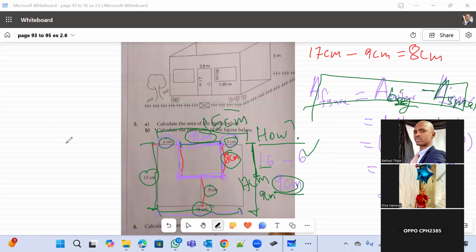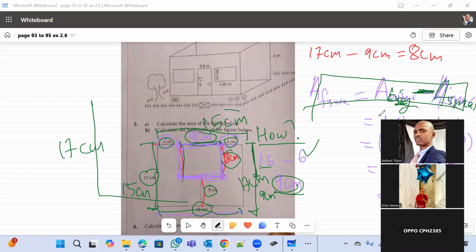It's the one of 17 centimeters by 15 centimeters. That is our bigger shape. Then we must subtract the smaller shape, which is this one here, the one inside.